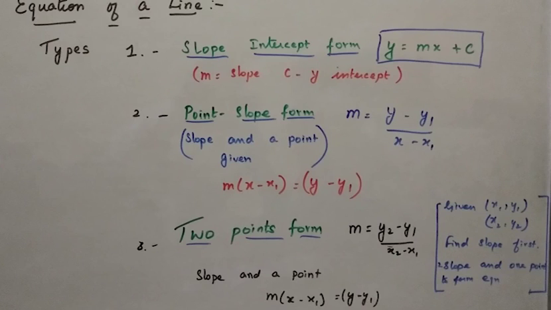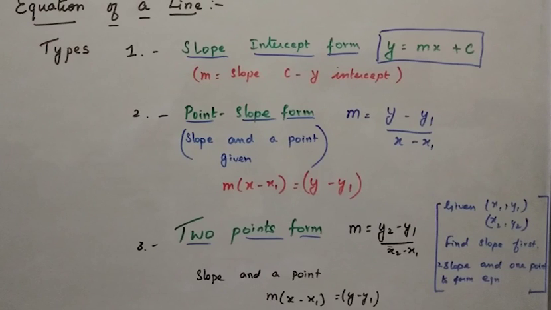Cross multiply, you will get the equation m into x minus x1 is equal to y minus y1.